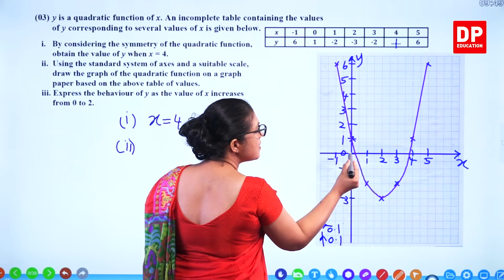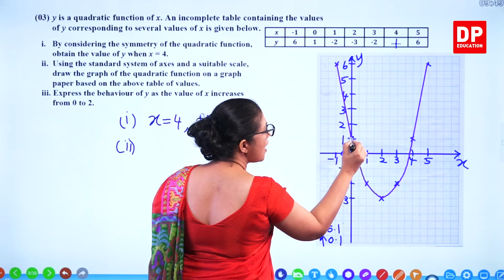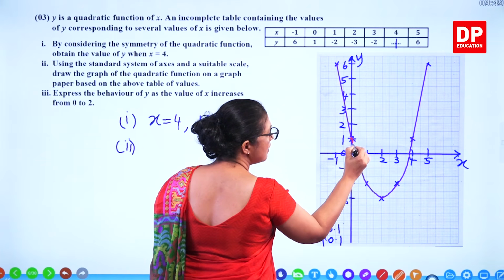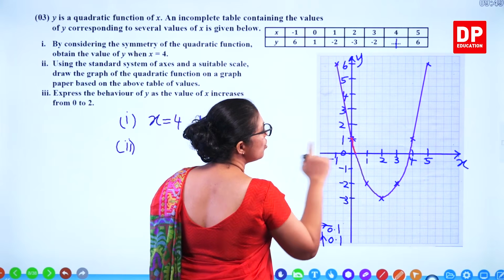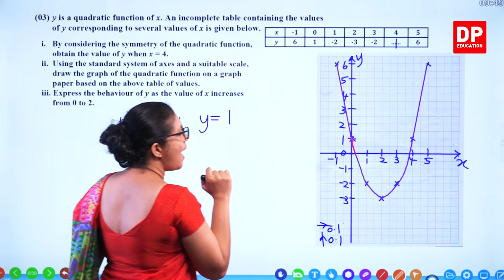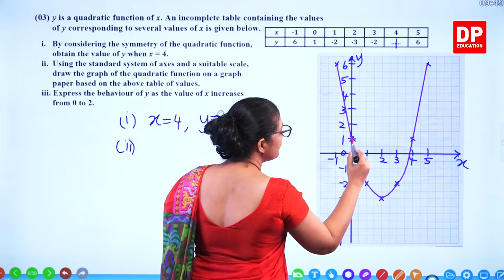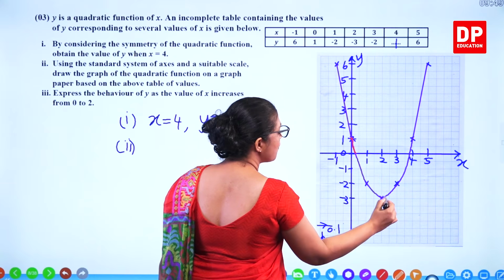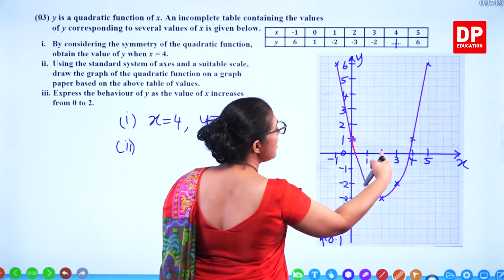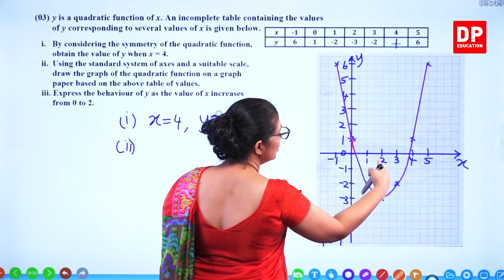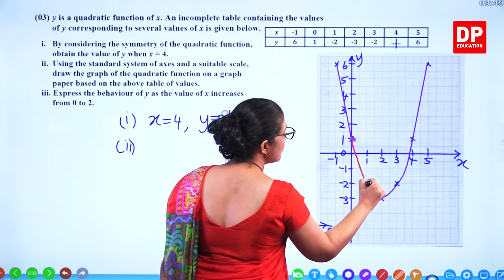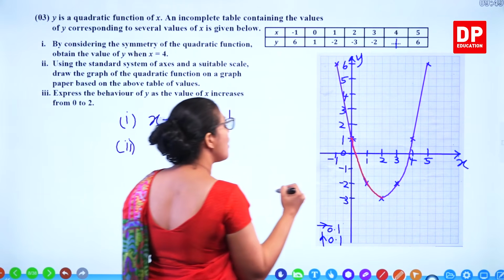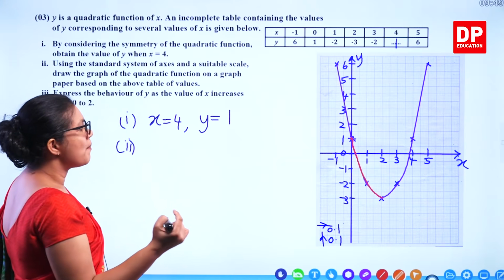That means when x equals 0, the graph starts from here, here to here. So 0 to this value, and then what happens to the graph? When x equals 2, the graph goes here. So here to here, up to this point, you have to describe the behavior.